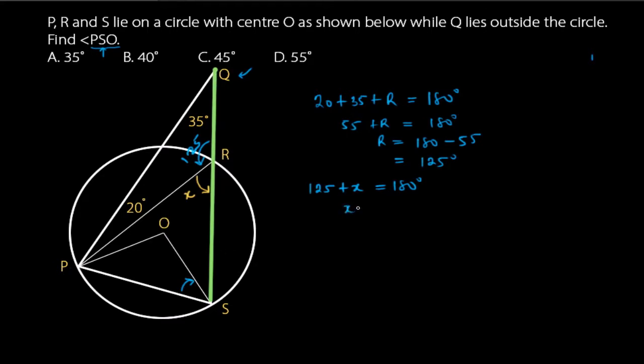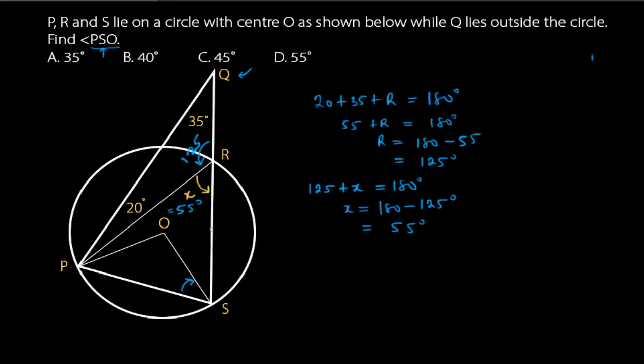So when you subtract 125 from both sides, you have 180 minus 125, which is 55 degrees. So that tells me that this angle I have here must be equal to 55 degrees. So x equals 55 degrees.